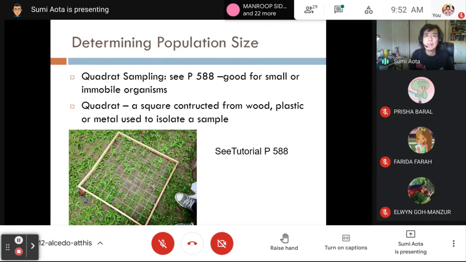Okay. Now, your textbook has a good example of this quadrat sampling of population characteristics. Okay, next page.